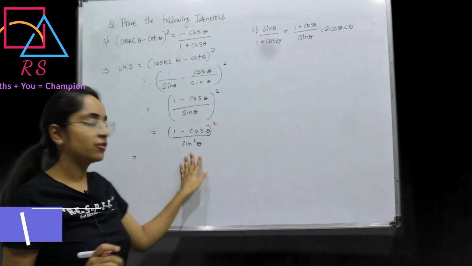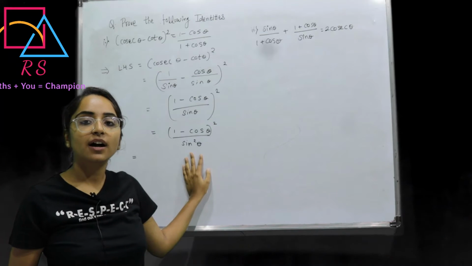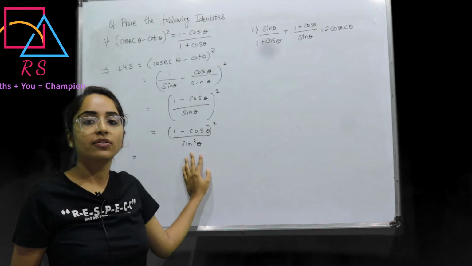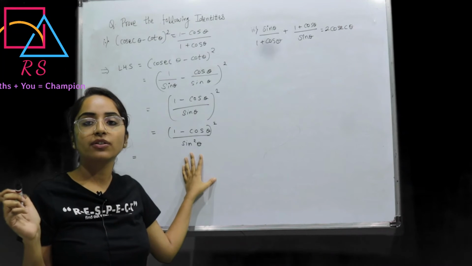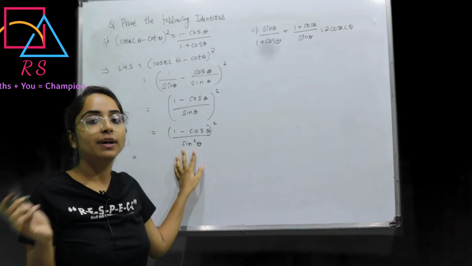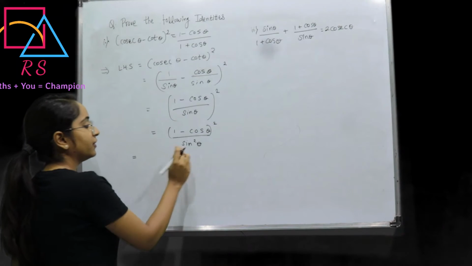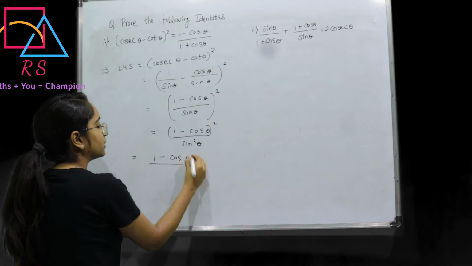Here in sin square theta, I can use the first identity, which is sin square theta plus cos square theta is 1, and put the value of sin square theta as 1 minus cos square theta. For this you need to know the first identity. I will be substituting the values further.